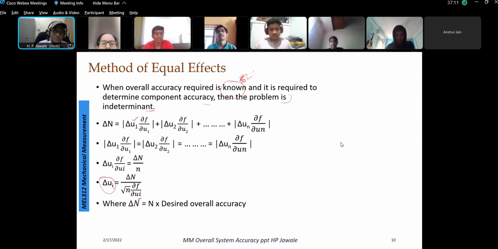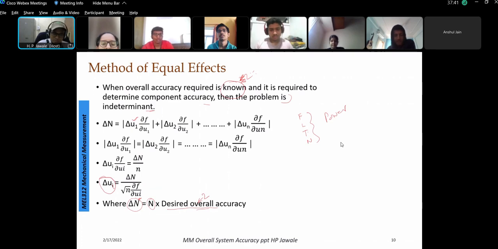Say for example here, if the desired overall accuracy is known, say less than 2%, I assume 2%, that is known, 2% into the total value under measurement, I can find del n. So using this del n, suppose there are 4 entities under measurement. In this case it was a force measurement, length measurement, time measurement and the force measurement, in the measurement of the power. So it means that there are 4 functions.